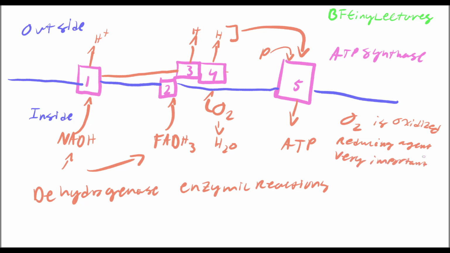So you can have your NADH and your FADH3, right? So that can be like your cookie batter. That's great, but you can't have cookies, ATP, without having an oven. If you have no oven, oxygen, you're not going to be doing a reaction completely, okay? You just have your ingredients, but you have no product.